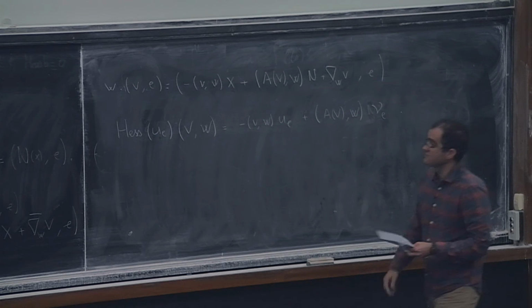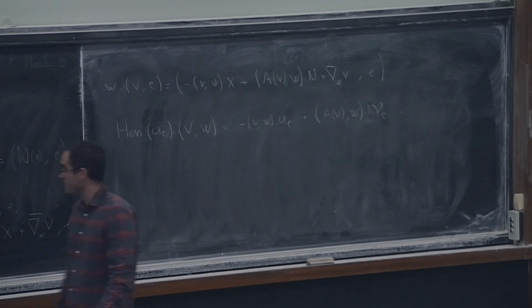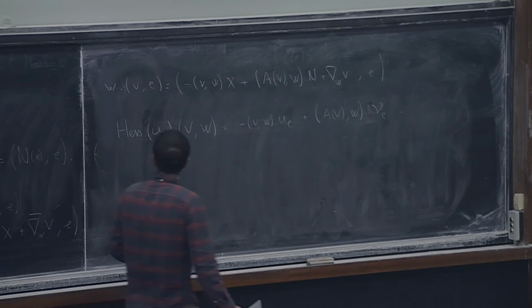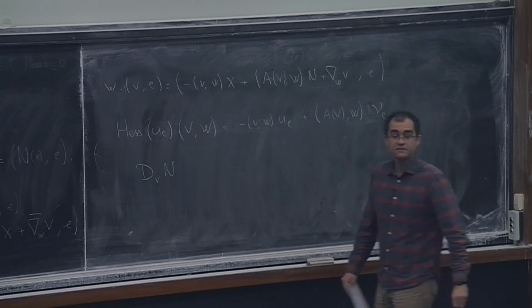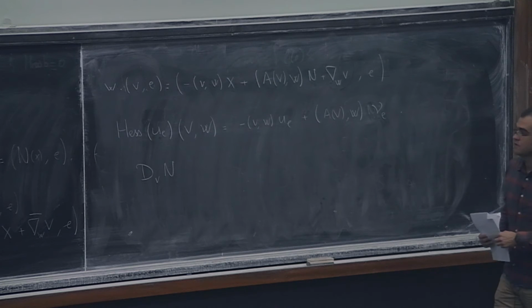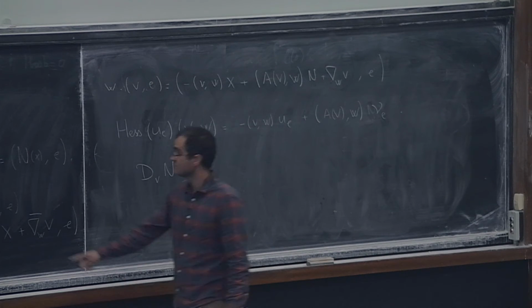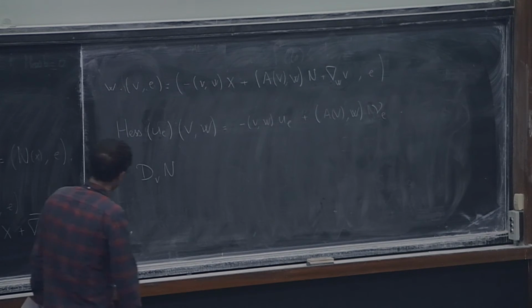Okay, so you have this. And the thing is that you can play exactly the same game when you compute this in order to compute the Laplacian of nu_e. So you play the same game.